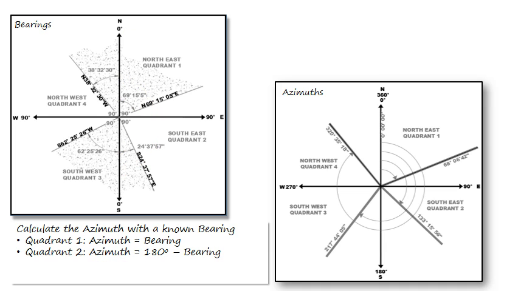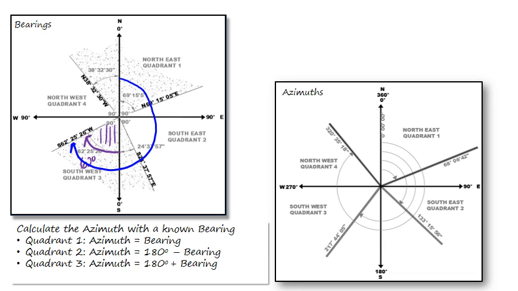All right. If we're in the third quadrant and we have a bearing, so our bearing is going to be from the south line out, and we say that this is 62 degrees southwest, then this angle in here is 62 degrees. Now, we want the azimuth from the north or from the 0 line all the way over.